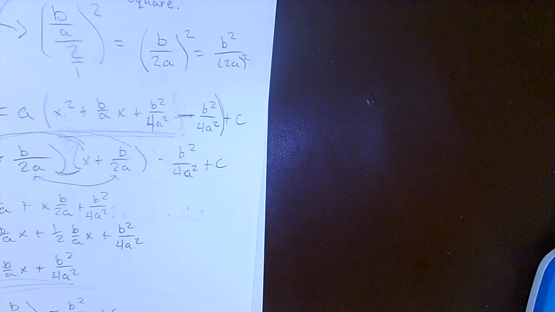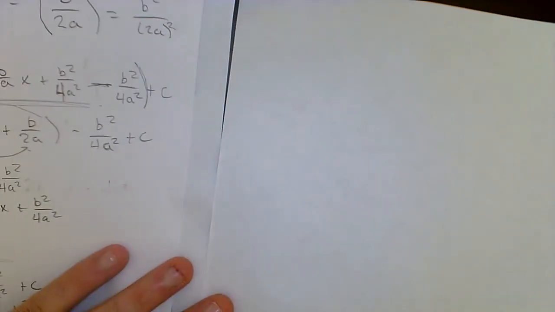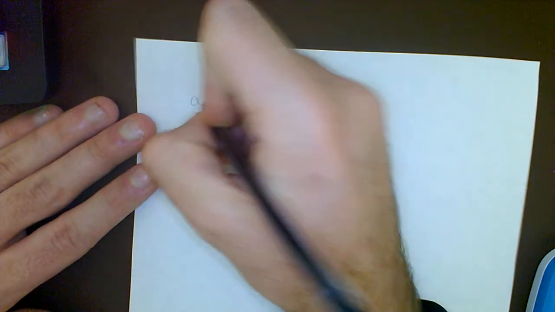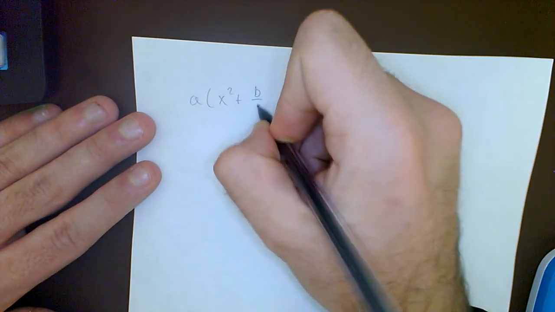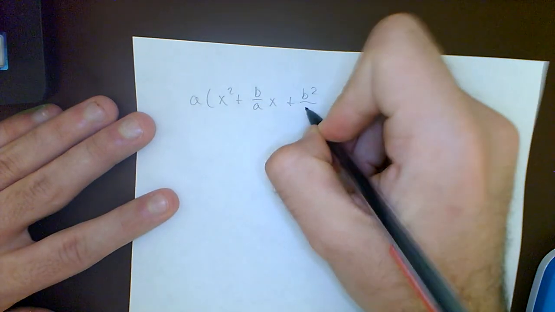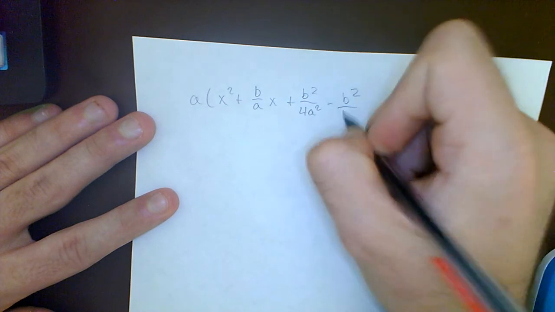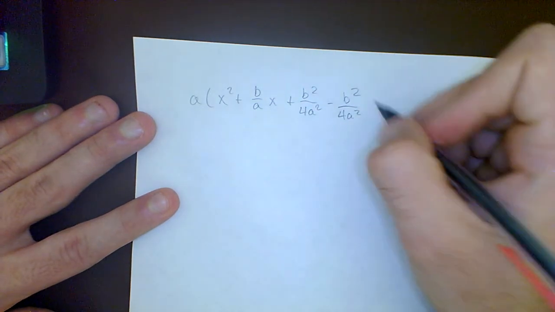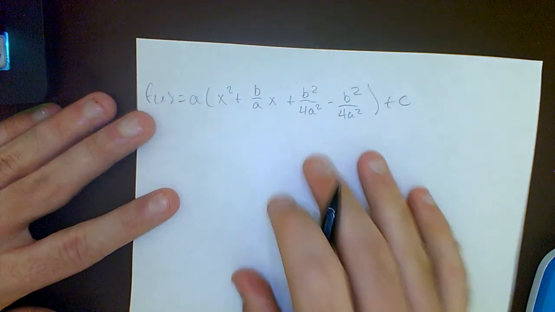I would have to write a times x squared plus b over a x plus b squared over 4a squared minus b squared over 4a squared plus c. That's what I wanted instead of what I wrote down earlier.